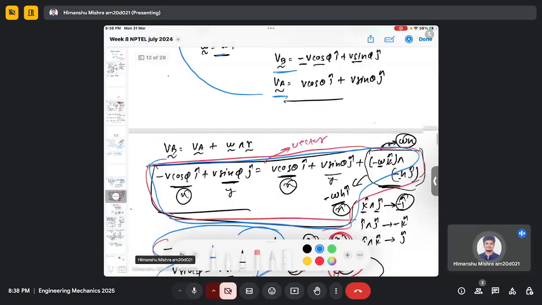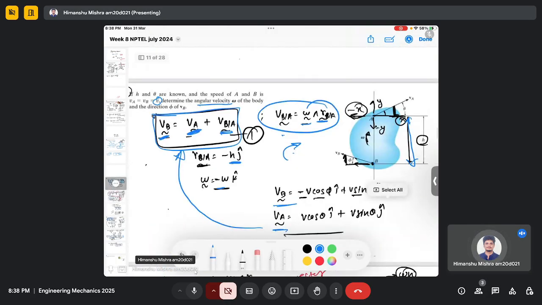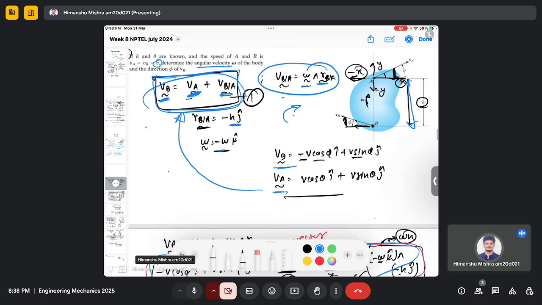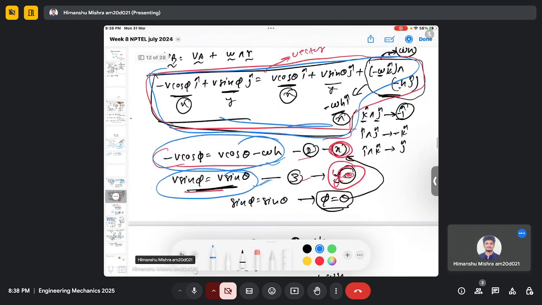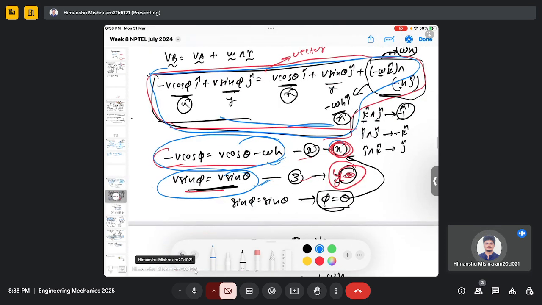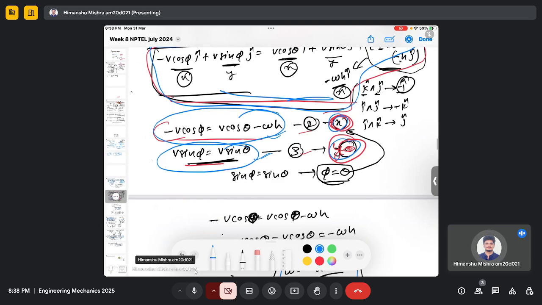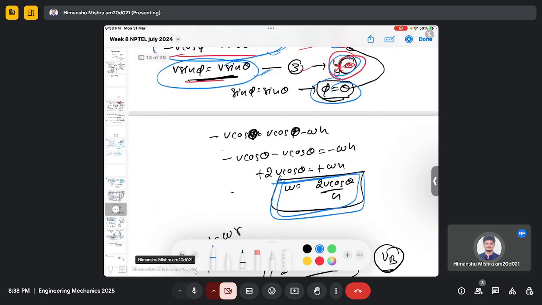In the previous problem also we did the same thing. We had 2 points, both moving relative to each other with different motion. We used the same formula, and first we figured out all the vectors like VB, VA, the displacement vector. We substituted all the vectors here, then pulled out the x component and y component. The x component gave us that theta equals phi, and the y component gave us the answer omega.